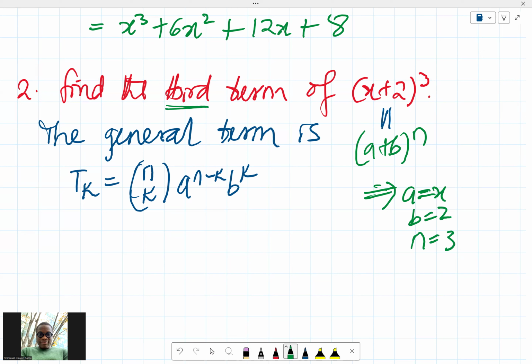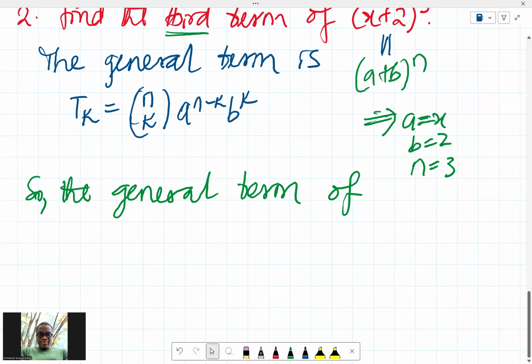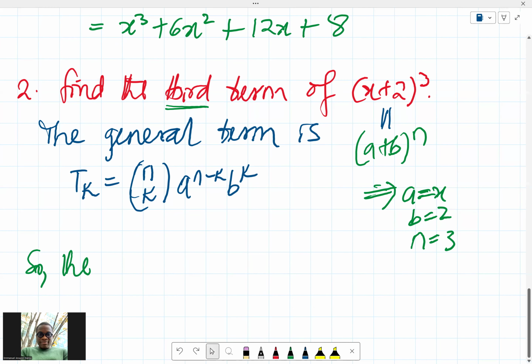Okay, we need the third term. So if you use this general term thing, now this is simply just the general term, I need a lot of clarity.